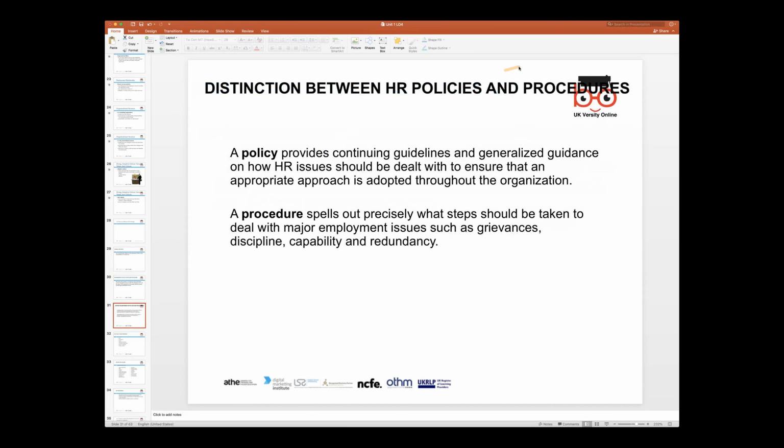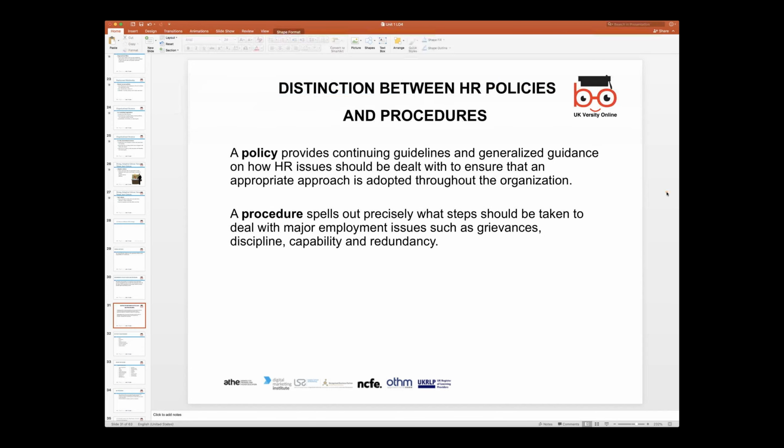Now, just to refresh, what is a policy? A policy is a set of guidelines which, once written, can be followed and generalized and applied to any part of the organization which deals with human resources or deals with a certain type of action which is taken again and again. I gave an example yesterday: if the kids like ice cream, the mother or the father actually teaches them how to make the ice cream.